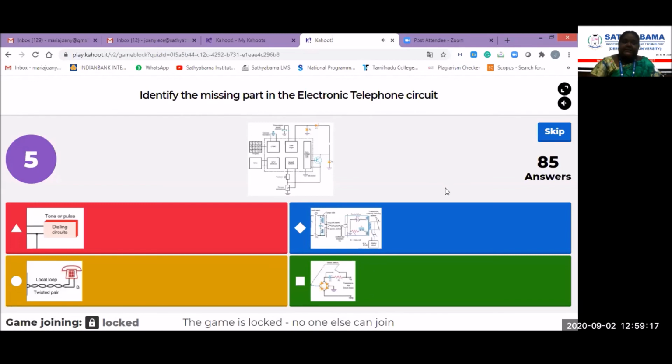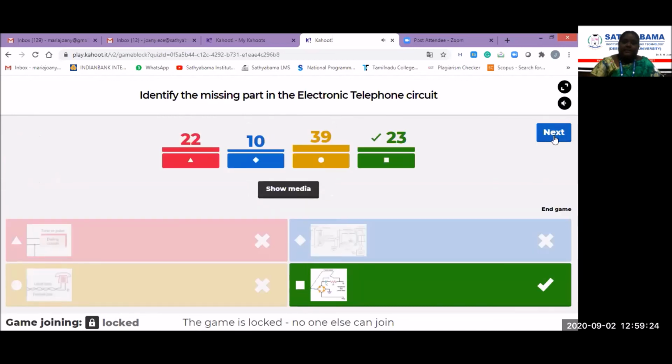Find the missing part. Yes, it is going to be the bridge rectifier circuit, which is connected to the tip and the ring. And the hook switch connection is here. I hope you remember all these circuits. Very good.